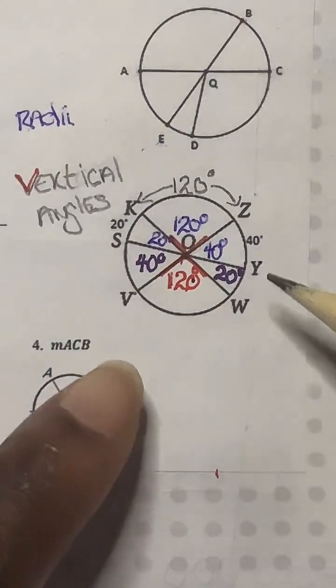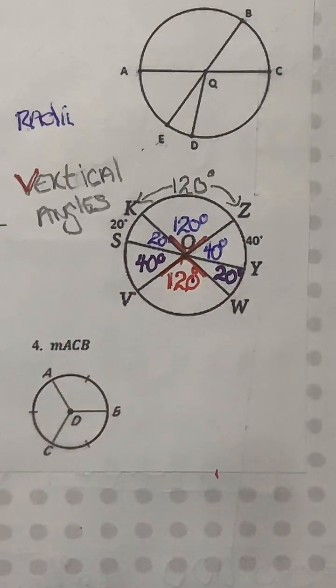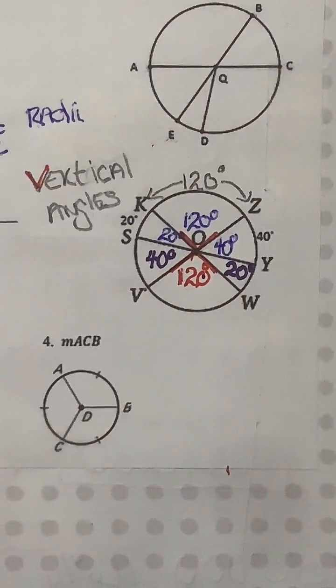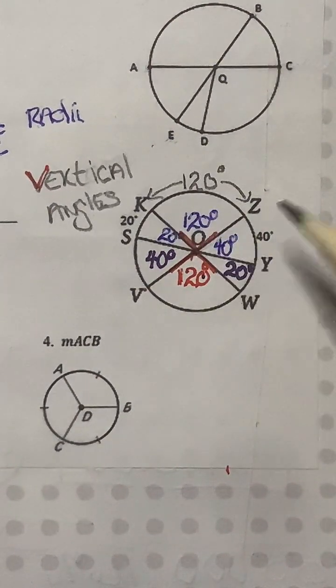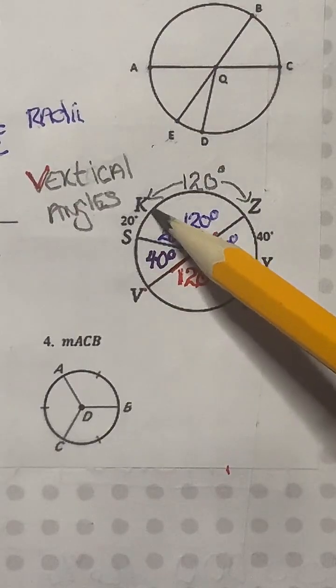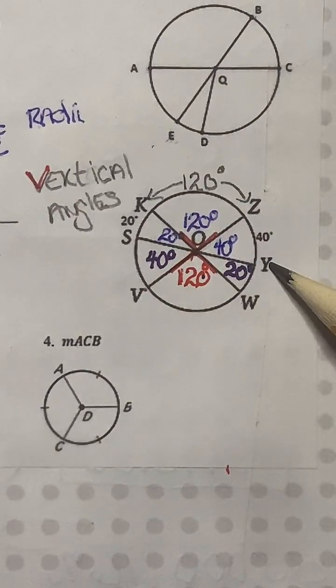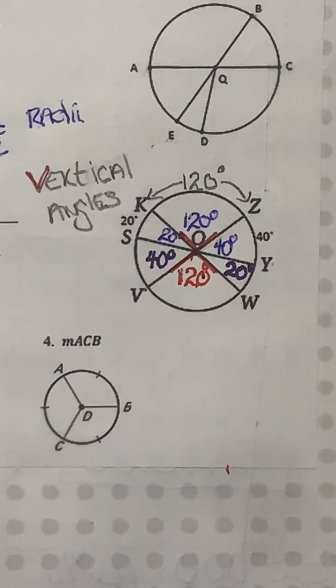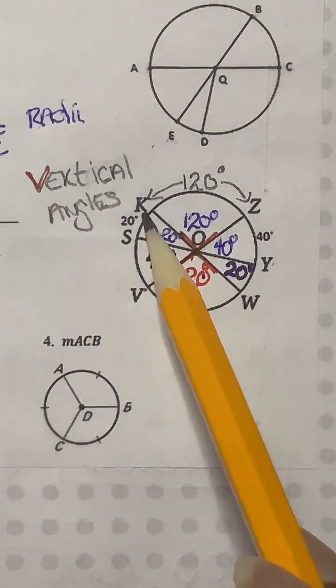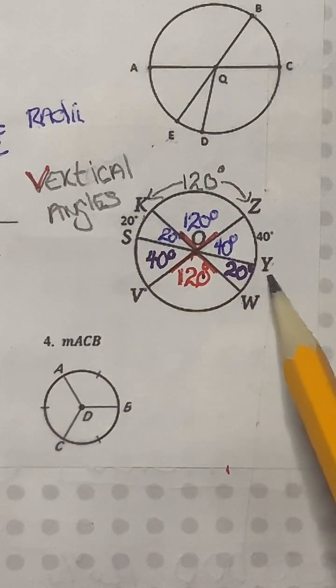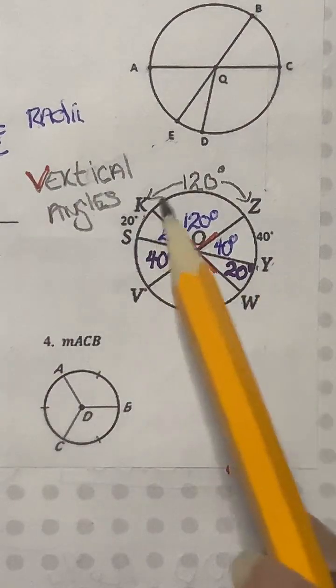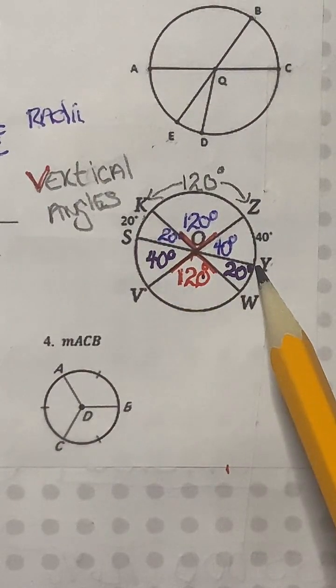So now, with all this information, we want to know the measurement from K to Y. What's the arc measure from K to Y?